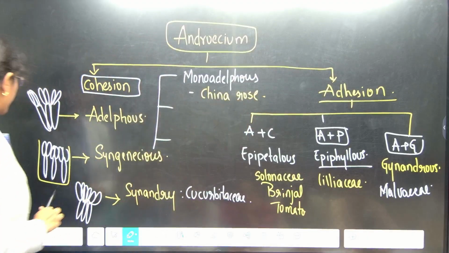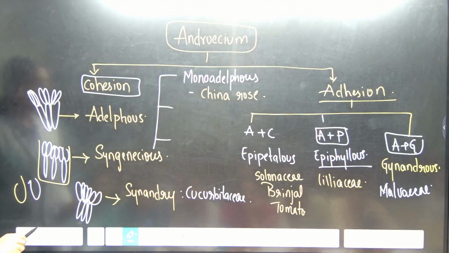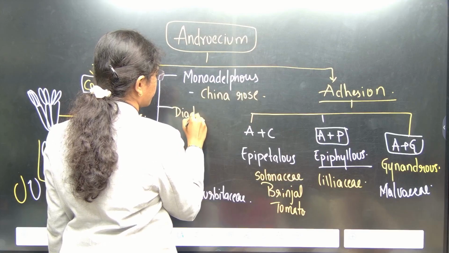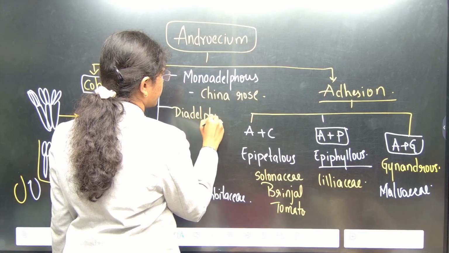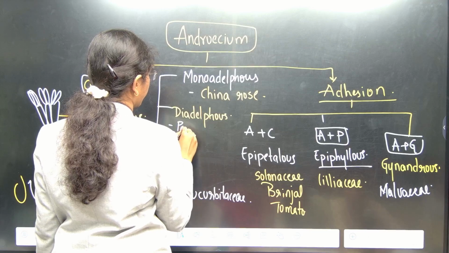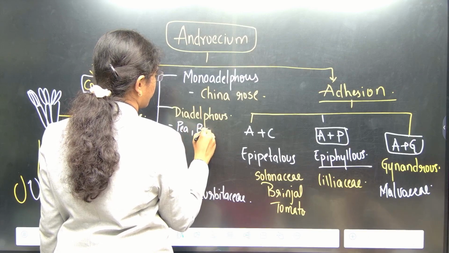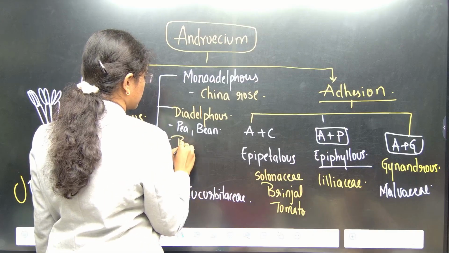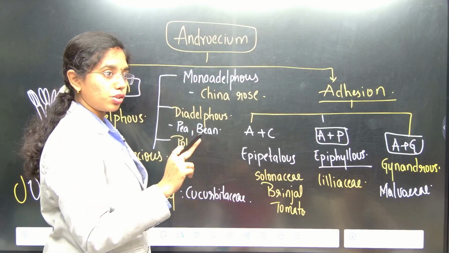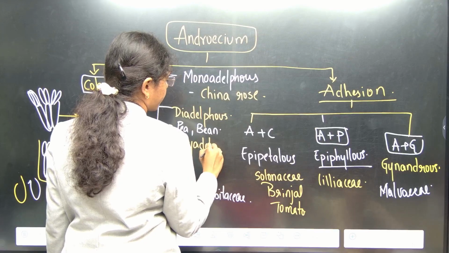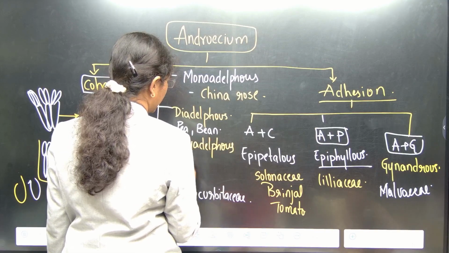If it is forming 2 bunches, diadelphous, example pea and bean. If it is polyadelphous, multiple bunches you can see, example citrus.